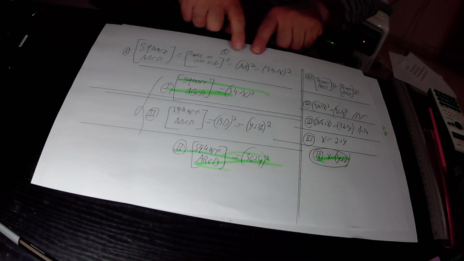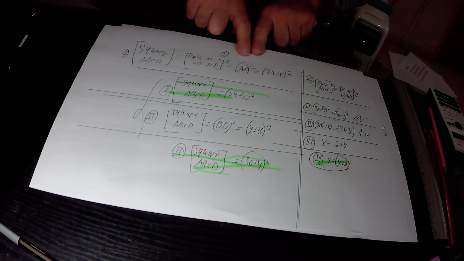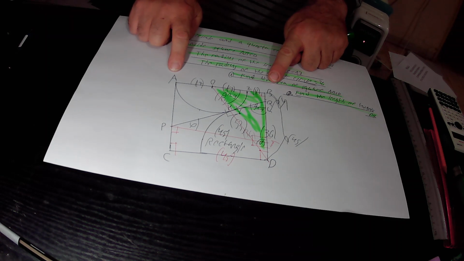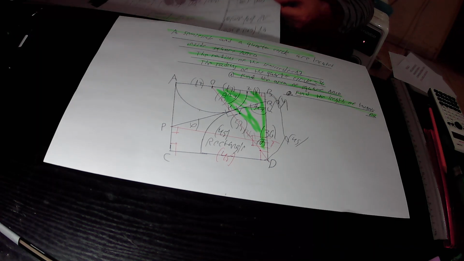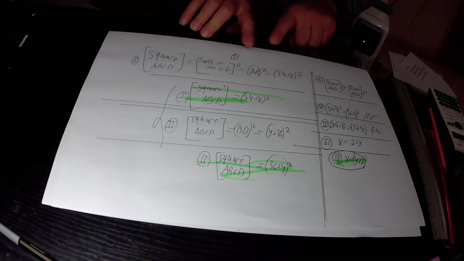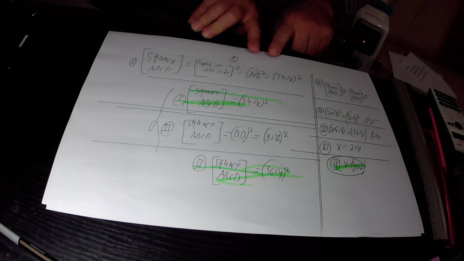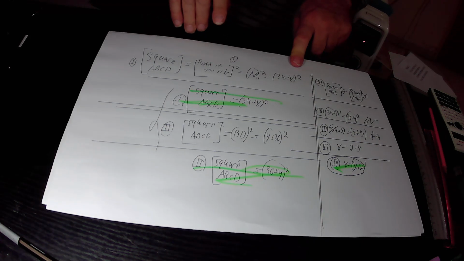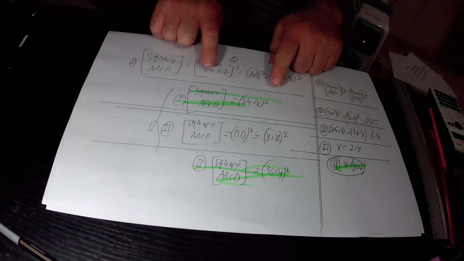AB in total equals 17 plus 17 plus x. AB equals 34 plus x, therefore AB squared must be equal to (34 plus x) squared. So in total, according to the first method of calculation, the area of square ABCD is equal to (34 plus x) squared.